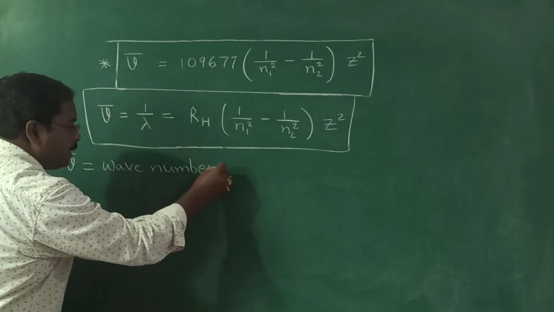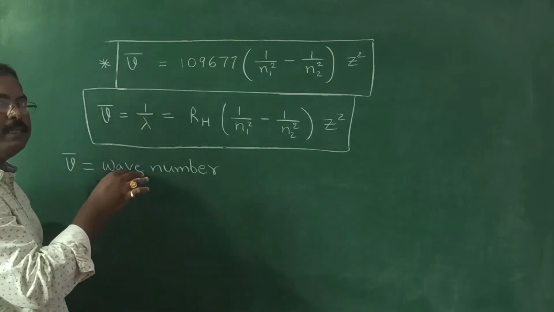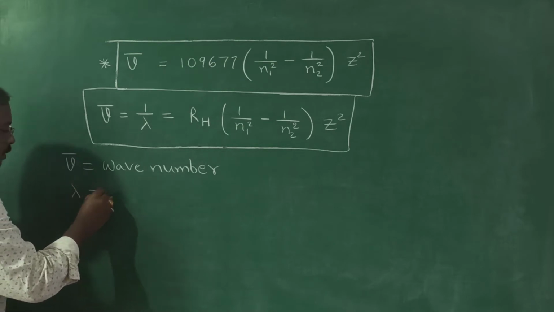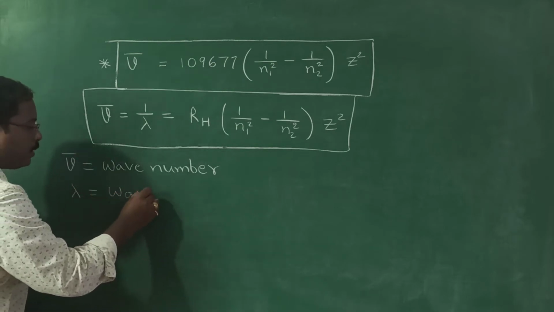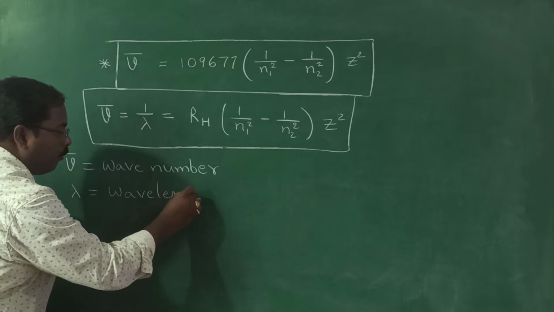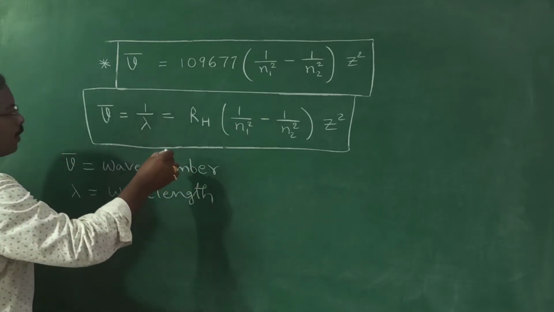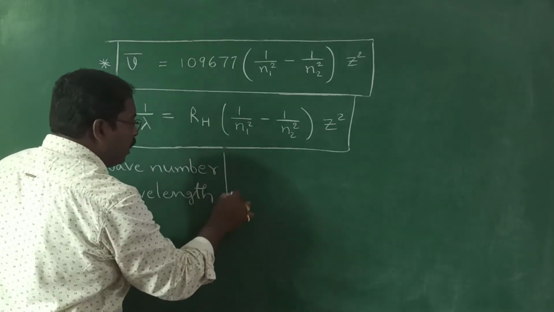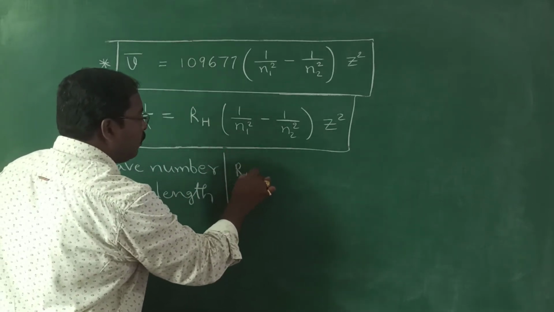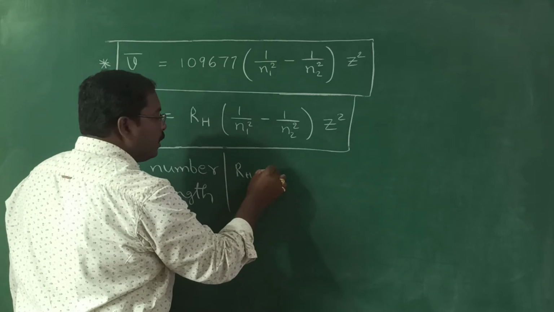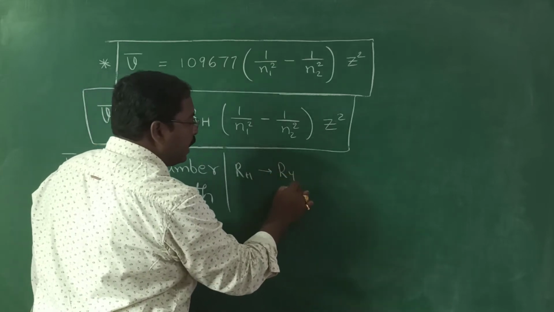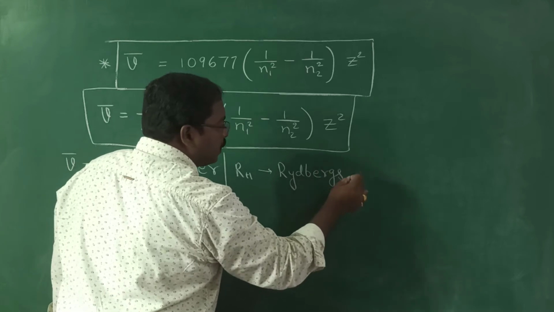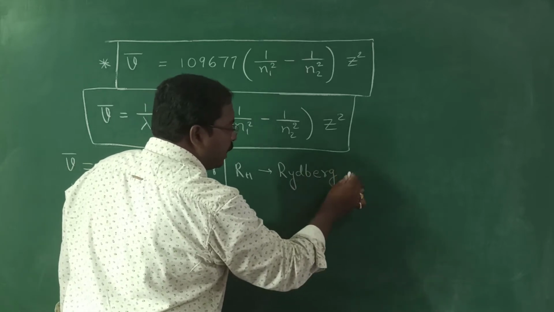In the starting classes, everything I explained about all these definitions also given. Where lambda means, most commonly we are using, lambda means what? Wavelength. Now coming to the new term to you, that is what? RH. RH is called as Rydberg's constant. It is the name of the scientist, simply called as Rydberg constant.